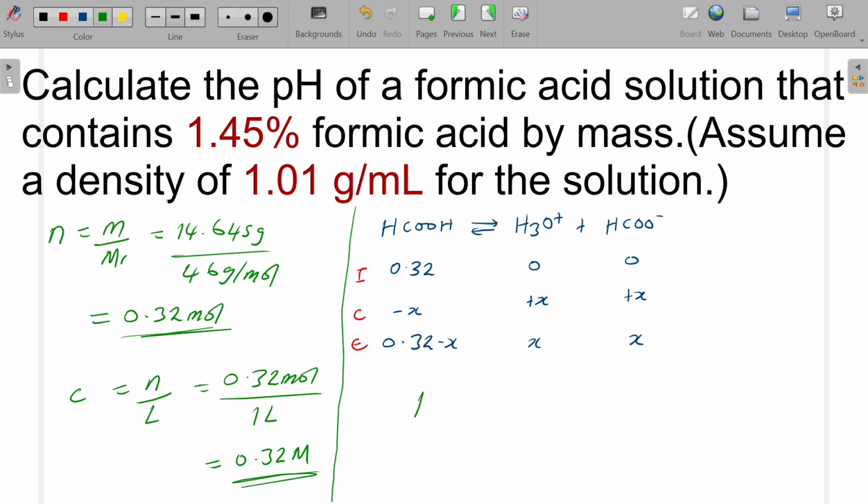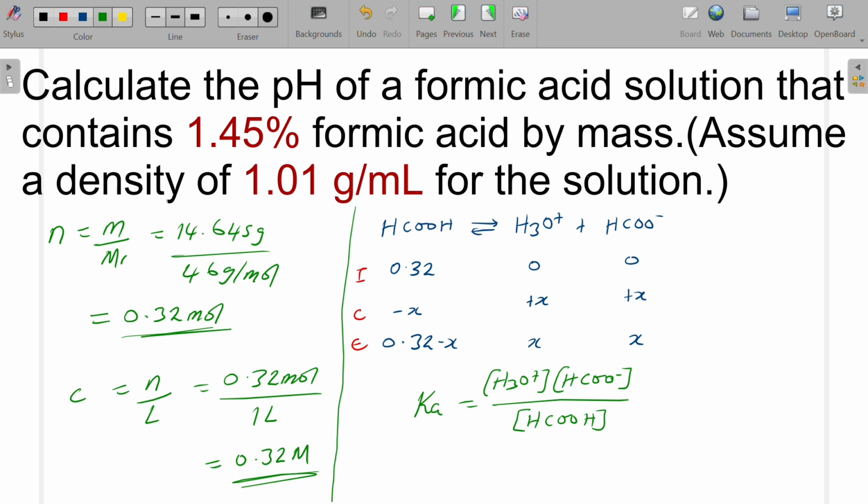All right. After doing that, our next step is writing our Ka expression. So Ka will be equal to the concentration of the hydronium ion multiplied by the concentration of the conjugate base, and this whole thing is divided by the acid concentration.